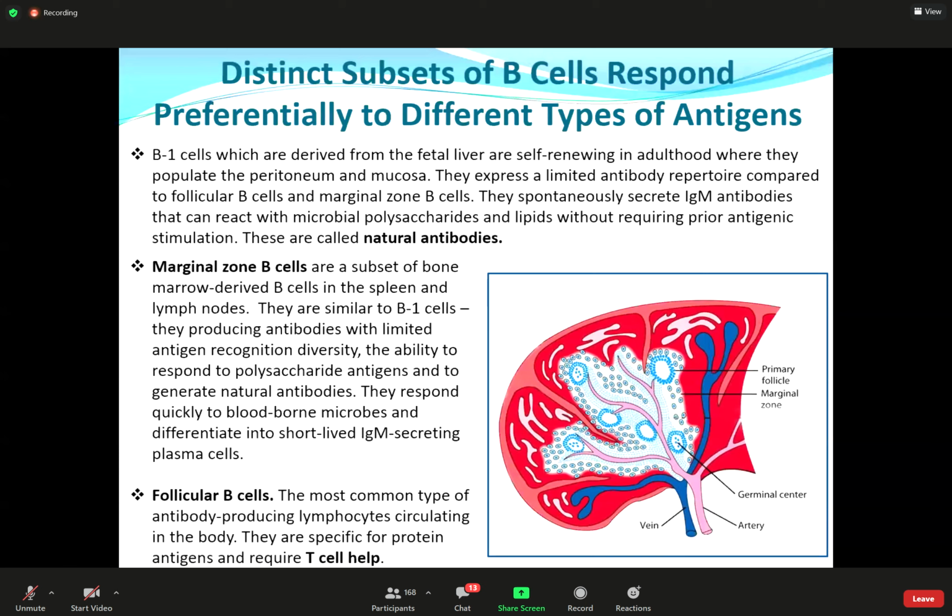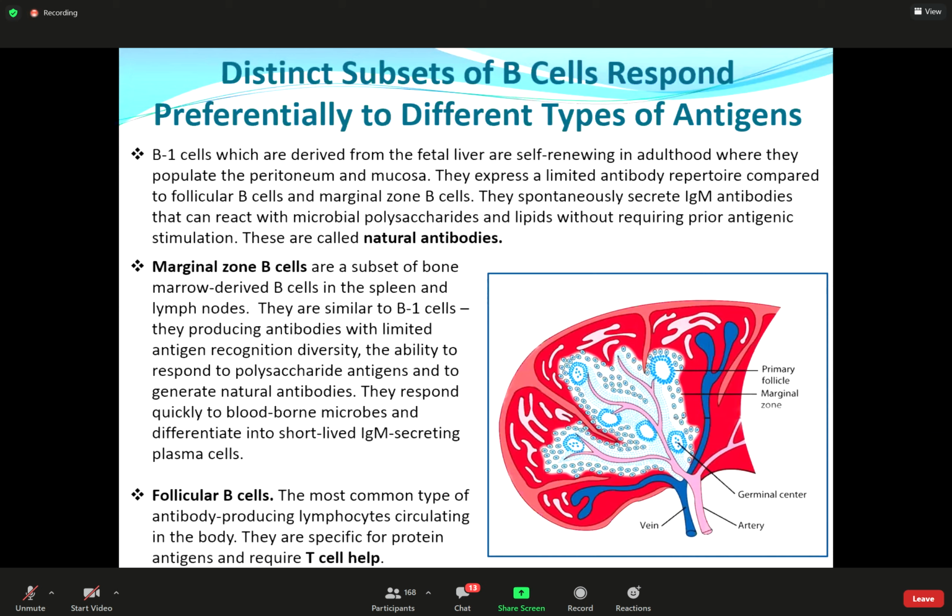They are directed more against, just like PAMPs, they are directed more against sugar, long-chain sugars or fatty acids, not so much against proteins.